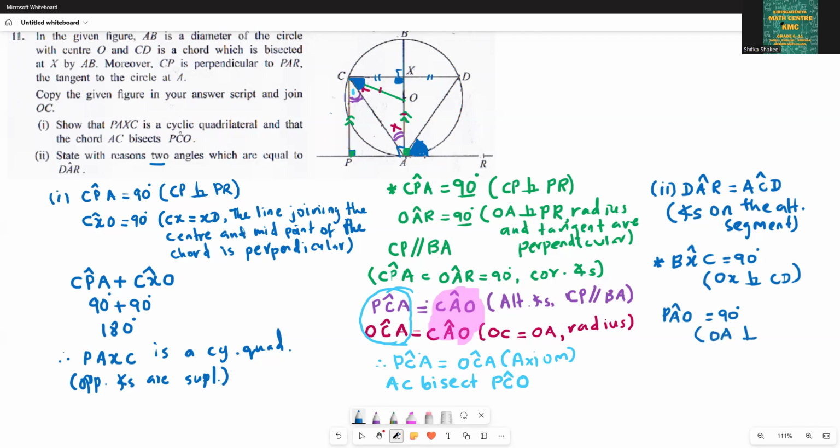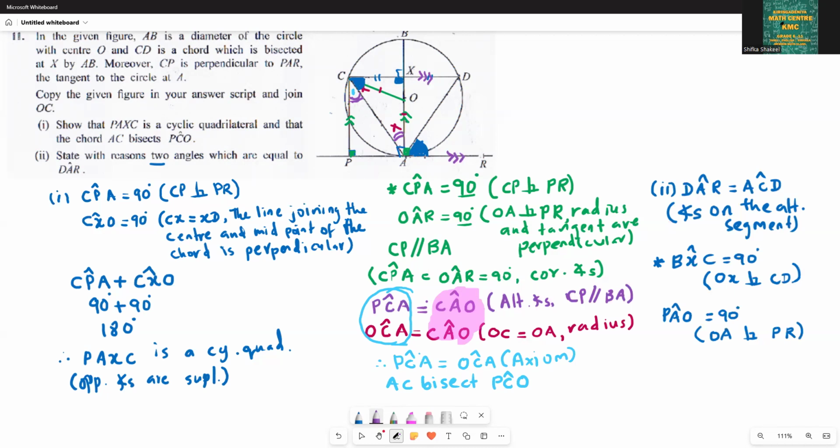OA is perpendicular to PR. Therefore, these two lines are parallel.